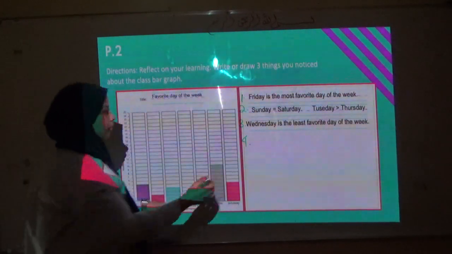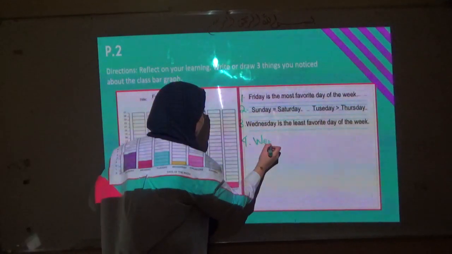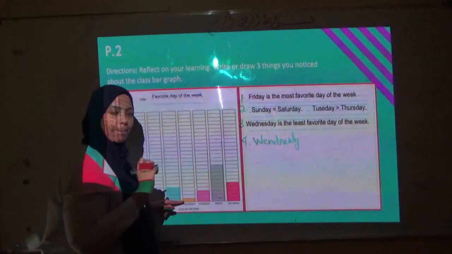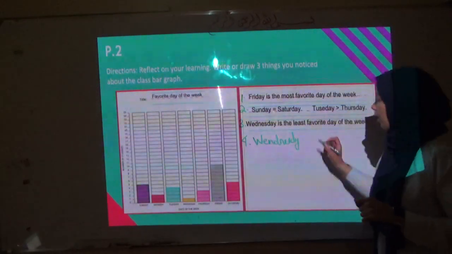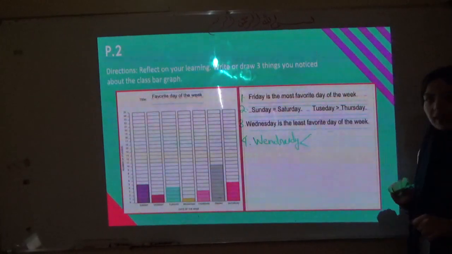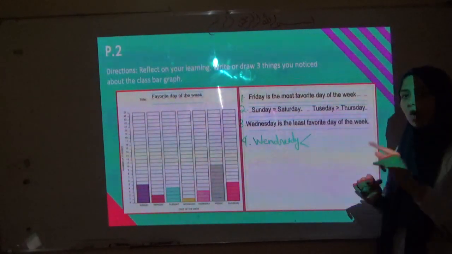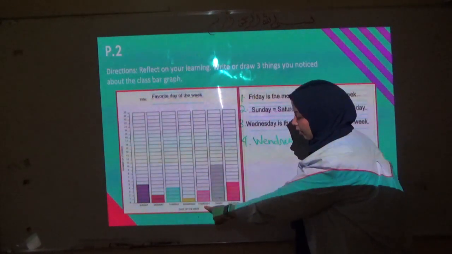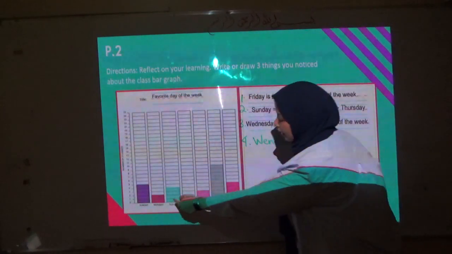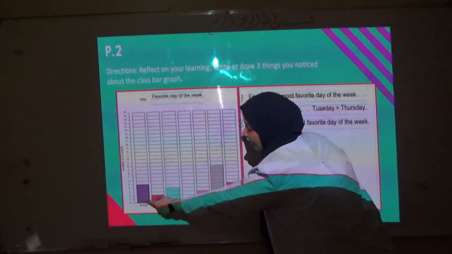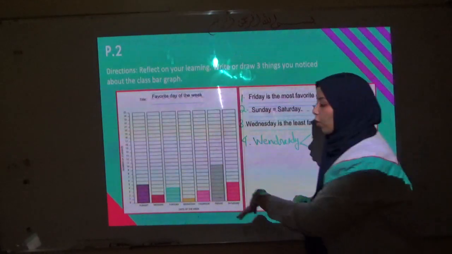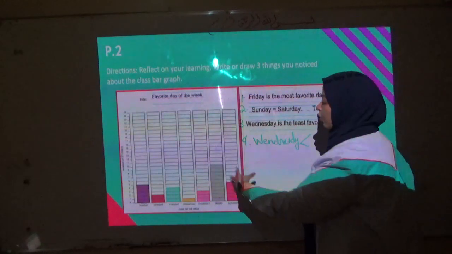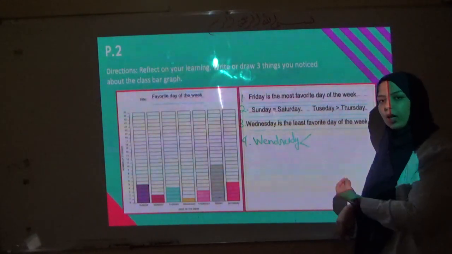So Wednesday will be less than which day? Friday. Is Friday the only day? Of course not. Wednesday is also less than Thursday, less than Saturday, Monday, and Sunday. So it's up to you to choose which information you want to write in a sentence.